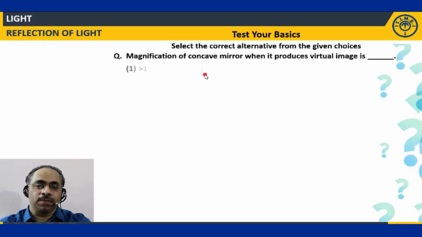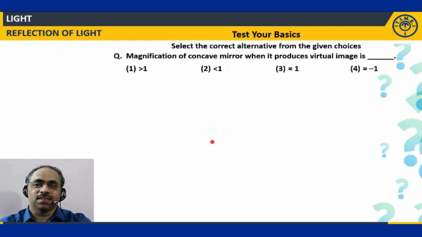Magnification of a concave mirror when it produces a virtual image is. When does a concave mirror produce a virtual image? Try to recall. Remember the shaving mirror? As a makeup mirror, whatever it is. You put your face very close to it, right?